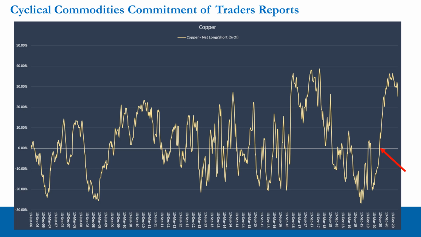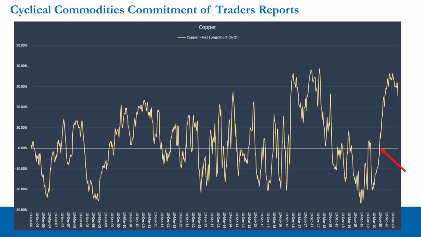You can see on the commitment of traders numbers, when we look at 2018, we get a peak, and then the hedge fund community is getting less long in copper, so they are less committed. They are committed long, but less committed. And then we get a flip going negative during that August 18 to August 19 period.